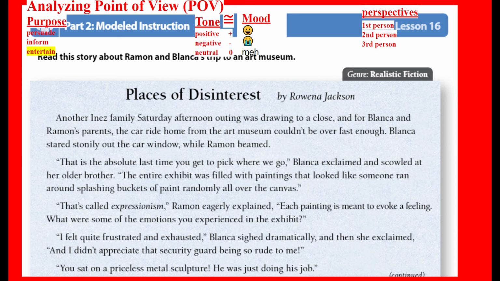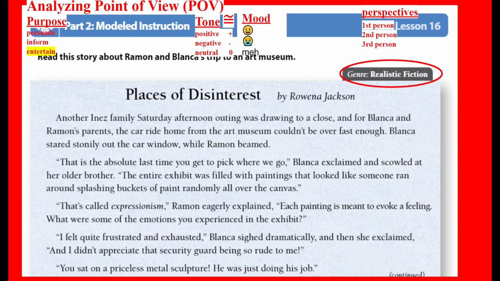And down below, underneath the mood, we have a smiley face emoji to represent our positive mood. We have a crying emoji to represent our negative mood. And then our neutral is represented by the word meh. I also like to think of the emoji that has the eyes and the little straight across mouth because he's kind of indifferent, right?